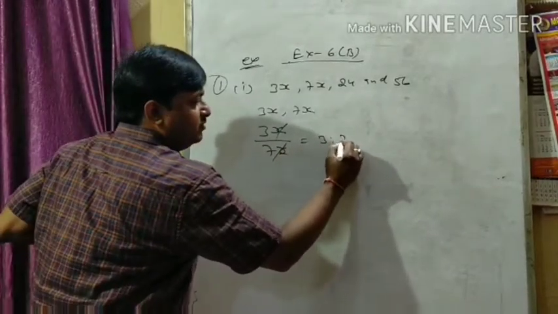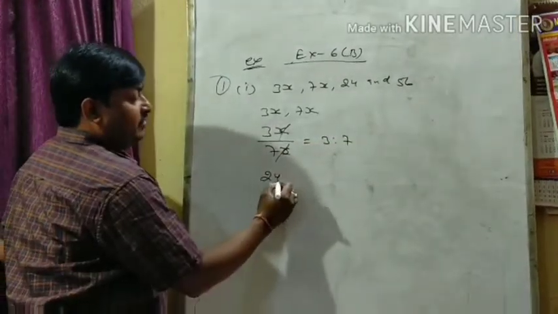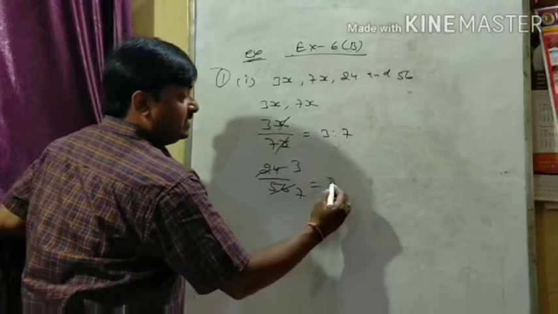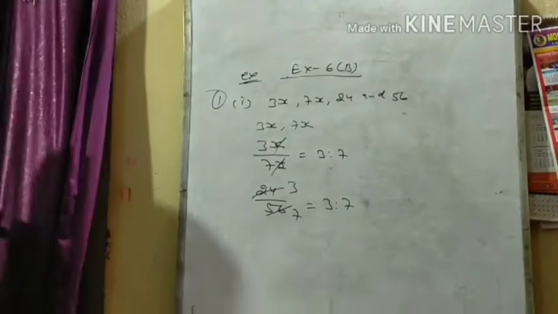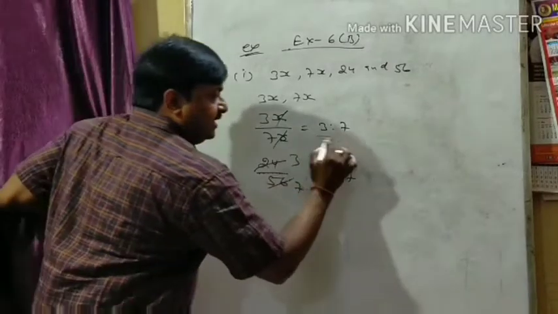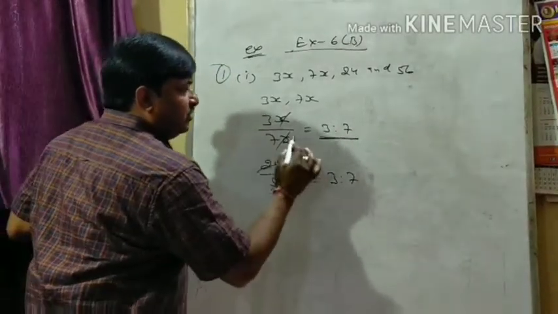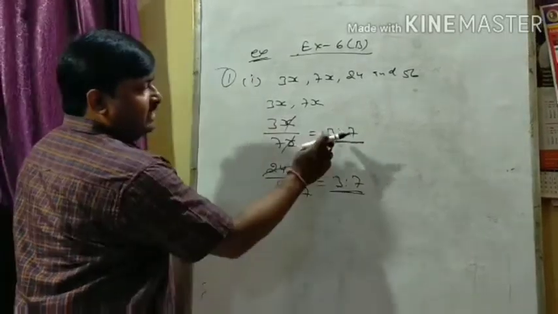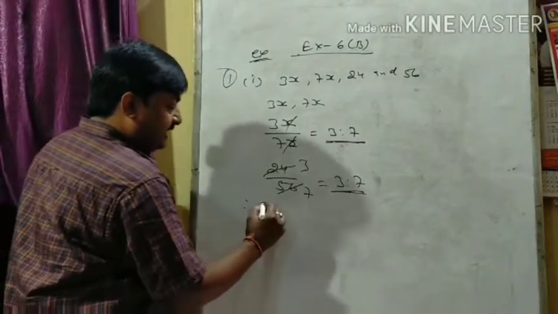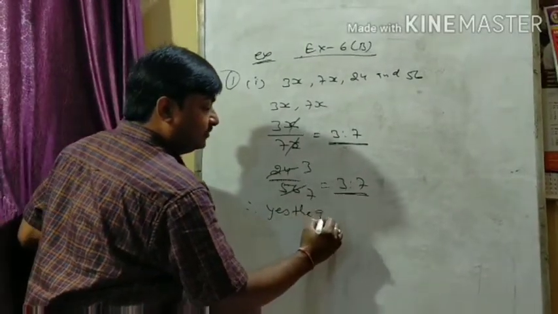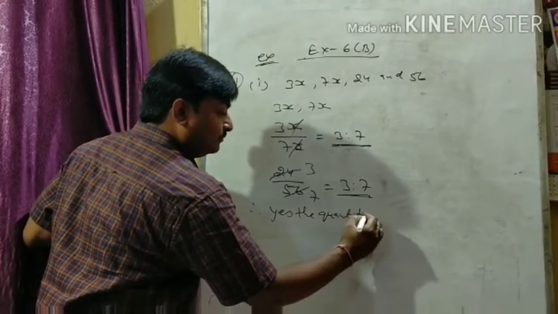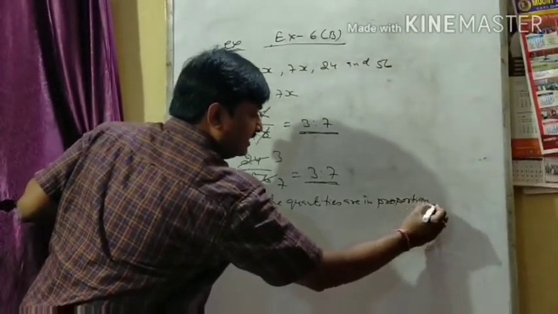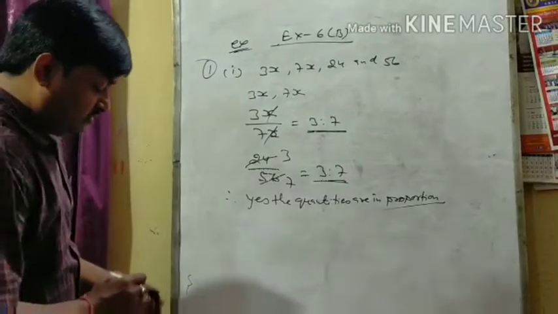The ratio is 3:7. For the next terms, 24 by 56: 8 3s are 24, 8 7s are 56. The ratio is again 3:7. So both the ratios are equal. We can say yes, the quantities are in proportion.